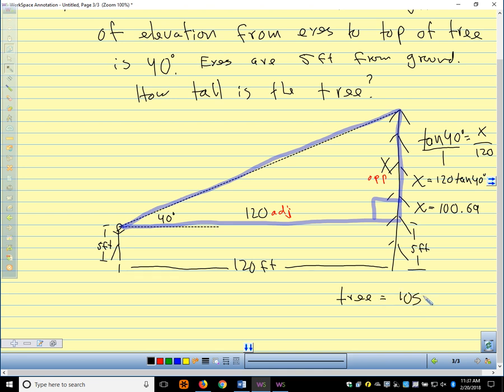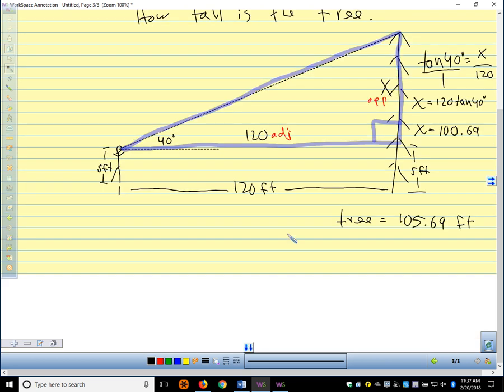So 105.69 feet. If we wanted to round to the tenth, 105.7. I would round that 6 up to 7. This would be to the tenth. If we wanted to round it to the nearest foot, we would round that up to 106.